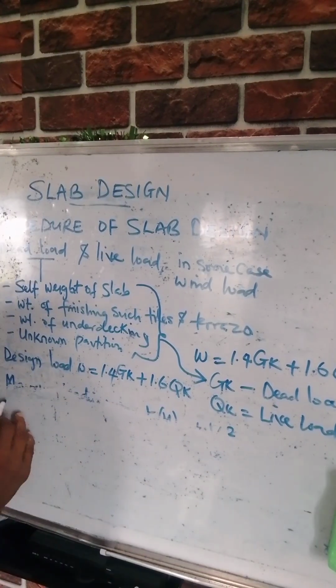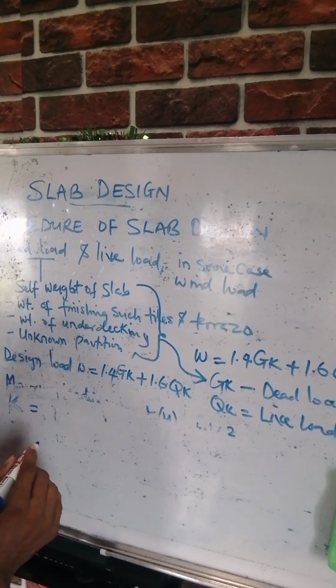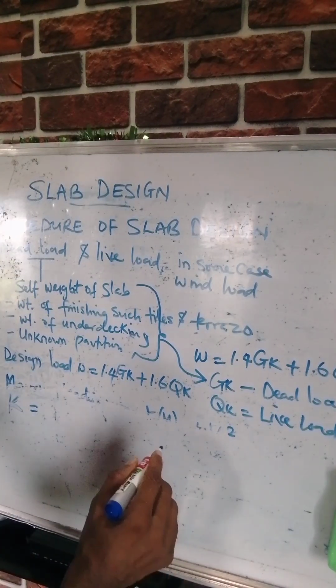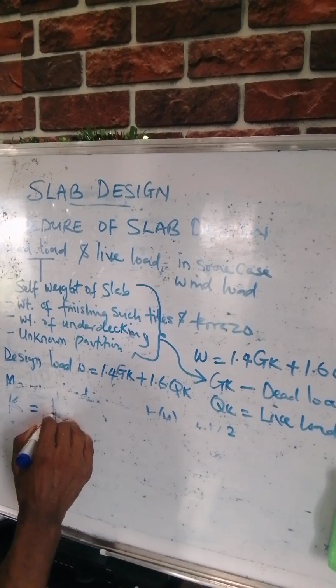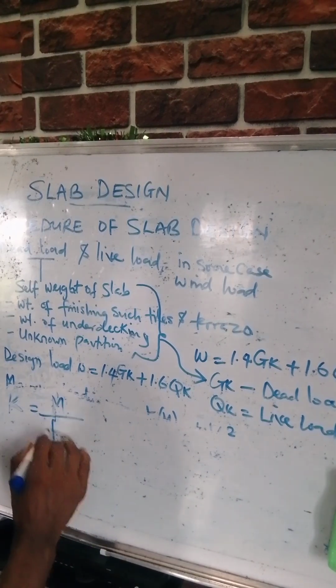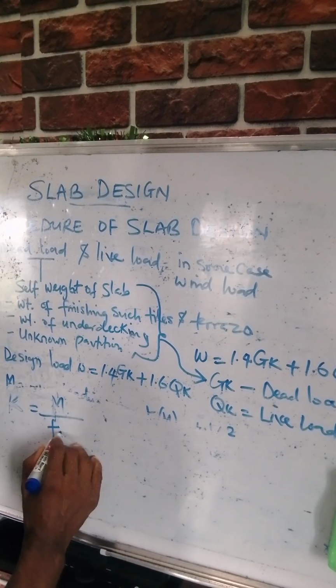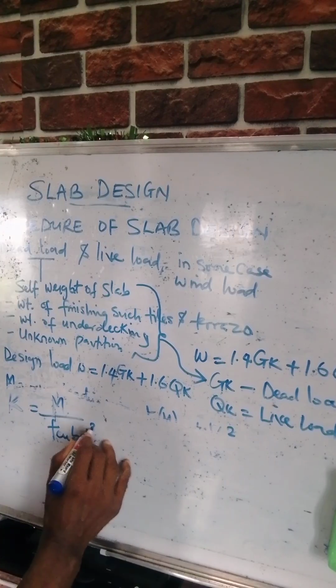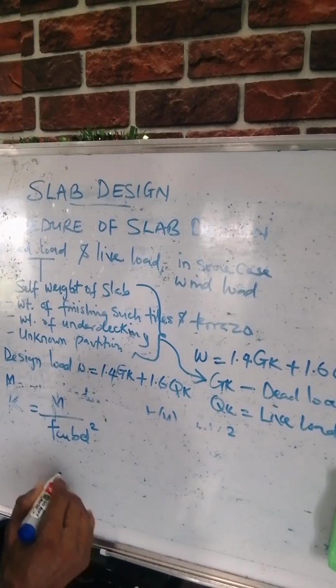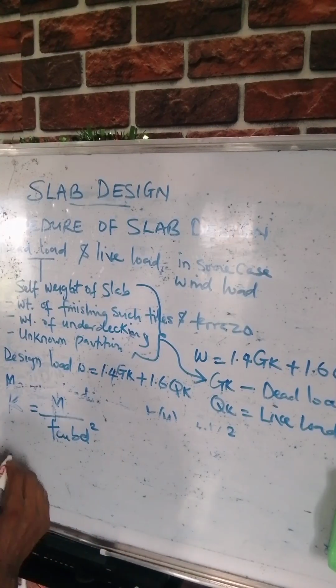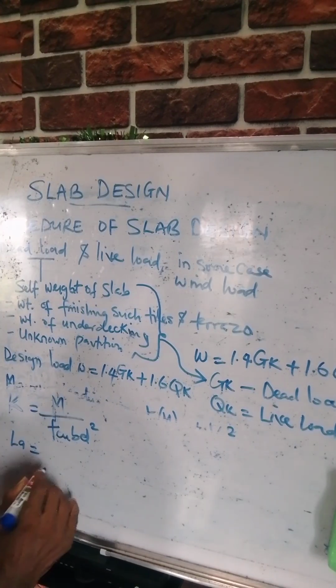The K value here is usually your M over FCUBD square. Okay, that is your K value. Then you also look at your lever arm.